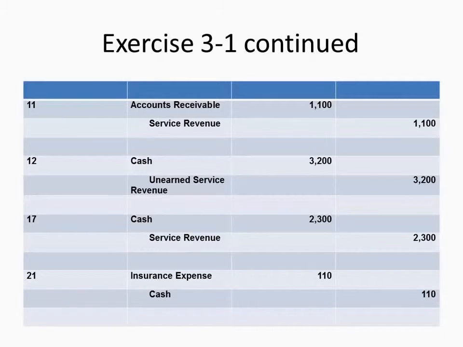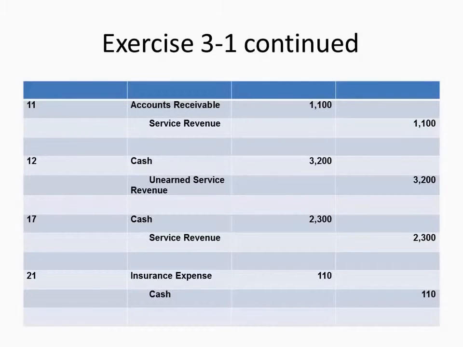On the 21st, paid insurance expense of $110. They're not telling you you've prepaid any insurance, so you just debit expense and credit cash. You paid it. So again, just terminology for those of you who haven't seen this in a while. When you pay something, you're either paying cash or writing a check. You have to impact cash.